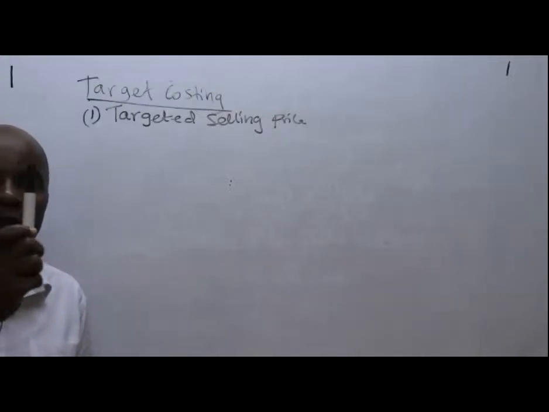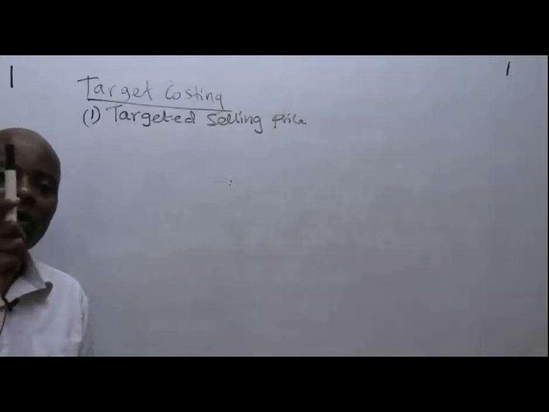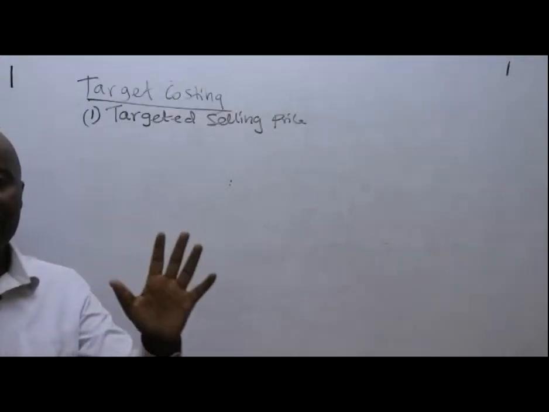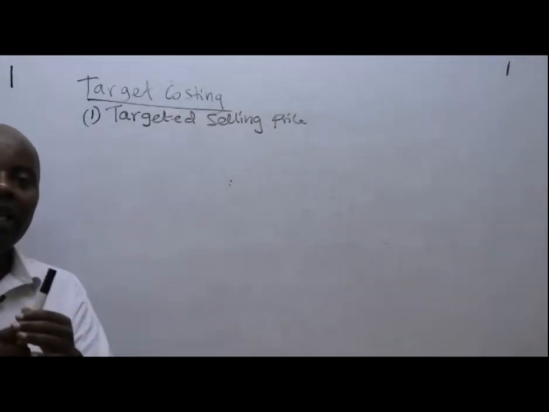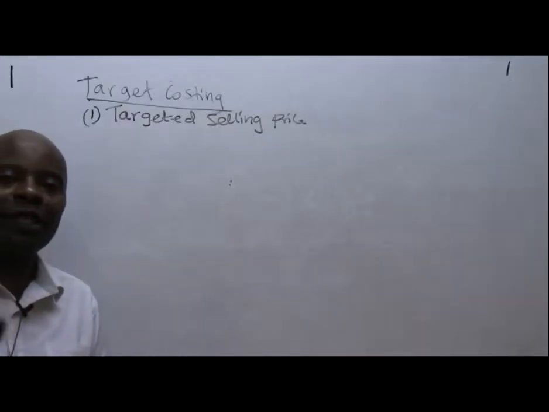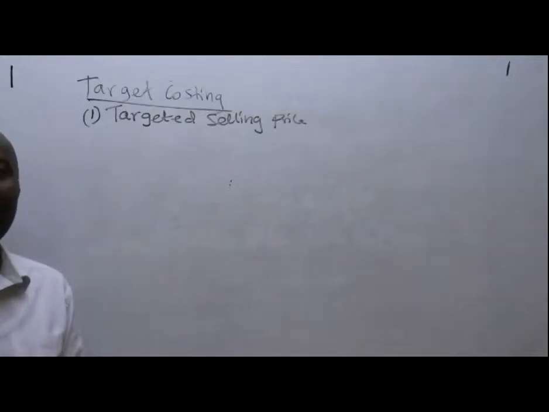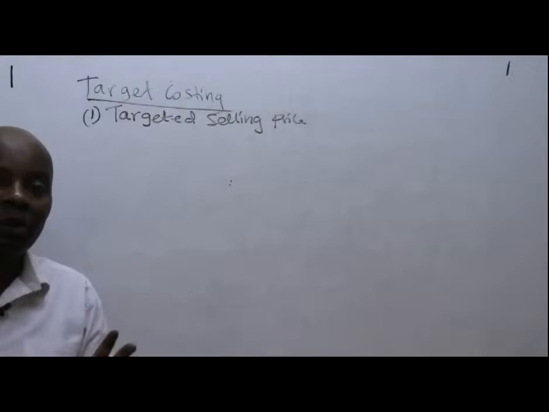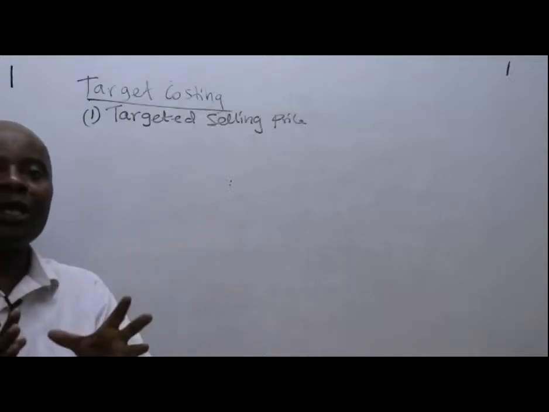For example, if I want to start selling pens of this nature, I will go to my competitors, get the average price. There will be others selling this kind of pen for 10 shillings, others 20 shillings, others 100.